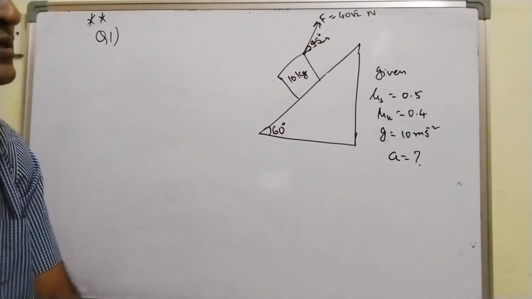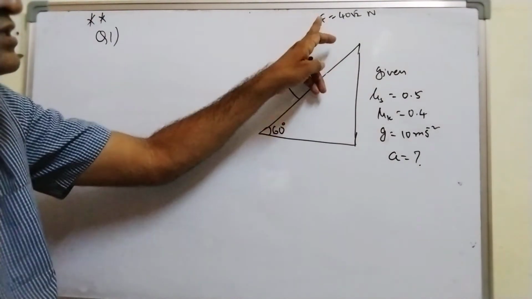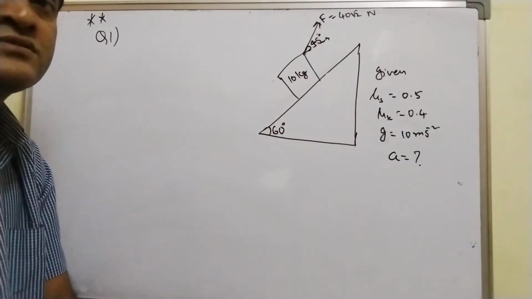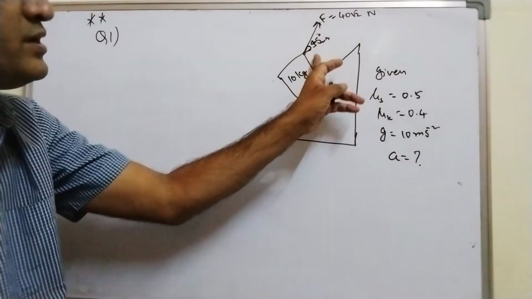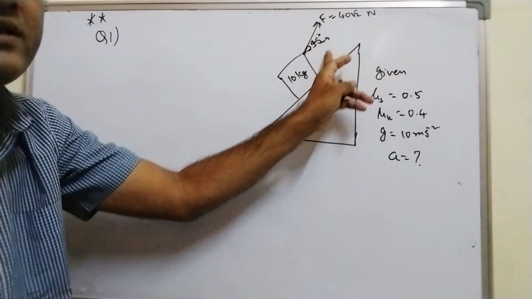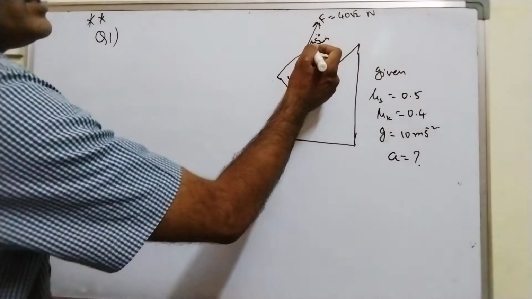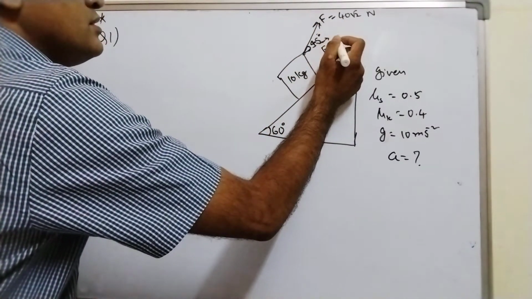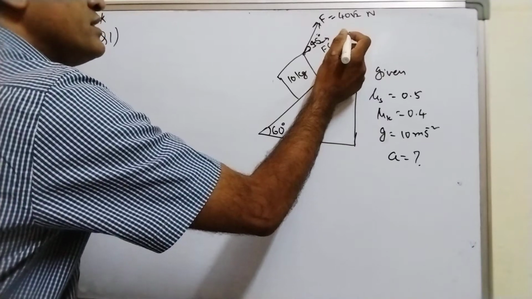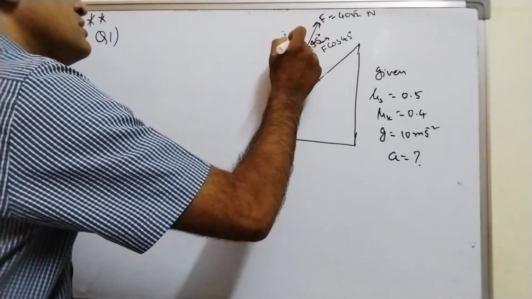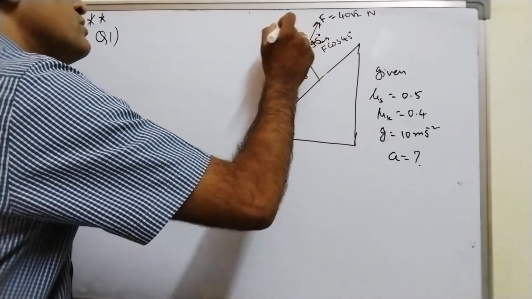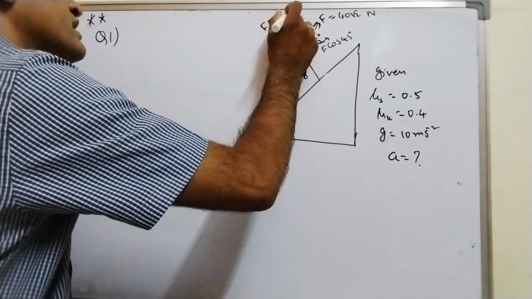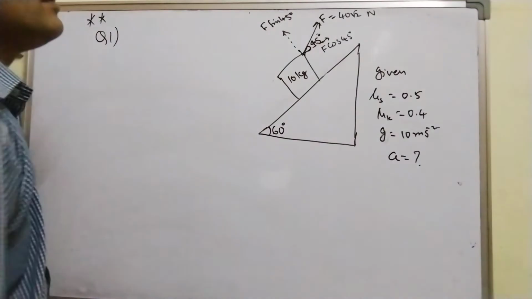Let's see. Now, if you resolve this force into components, along the plane it will be F cos 45, is it not? The angle touching the component of force. This will be F cos 45 degrees, and the other one is F sin 45 degrees.